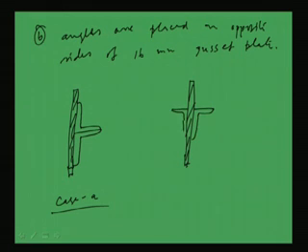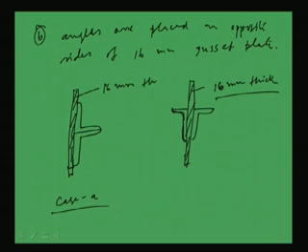So, this will be the longer, right. Now, these gusset plates are 16 mm thick. Okay. So, this is case B.